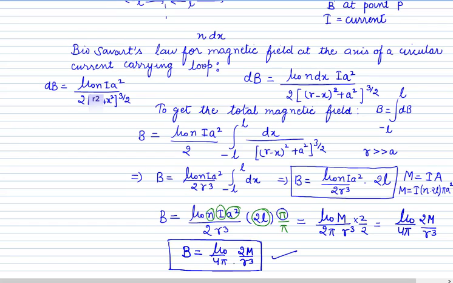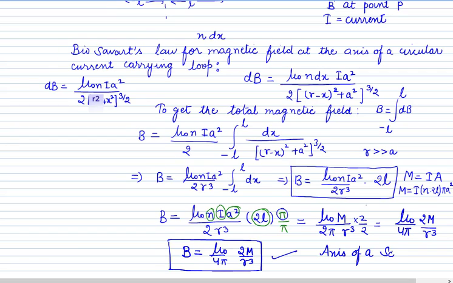If there is a point which is on the far axis of a bar magnet, then this will be the same field as that of a solenoid. So you can also use this formula when you are given a bar magnet and there is a point on the far axis of the bar magnet. Then also the magnetic field B will be mu naught upon 4 pi 2M upon r cube. So this holds for the axis of a solenoid.